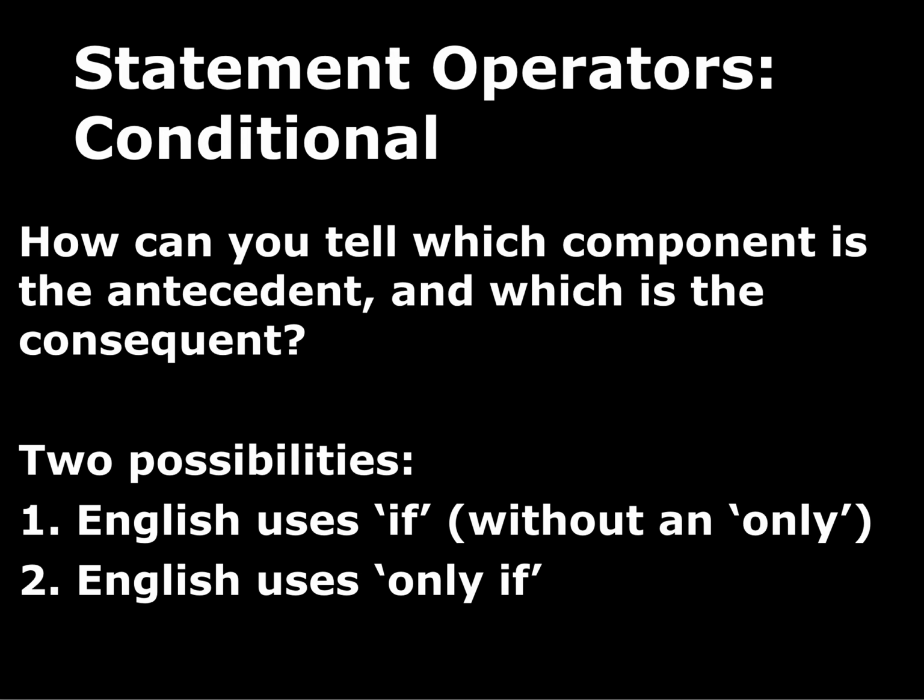Well, there are 2 possibilities if you look back at the 4 options I gave you. One is that the English is using just if. It's not only if, but if. Maybe there's a then, maybe not, and maybe the if is at the beginning, but maybe it's not, but if is by itself. The other possibility is that the expression is only if. And we have to do these differently.